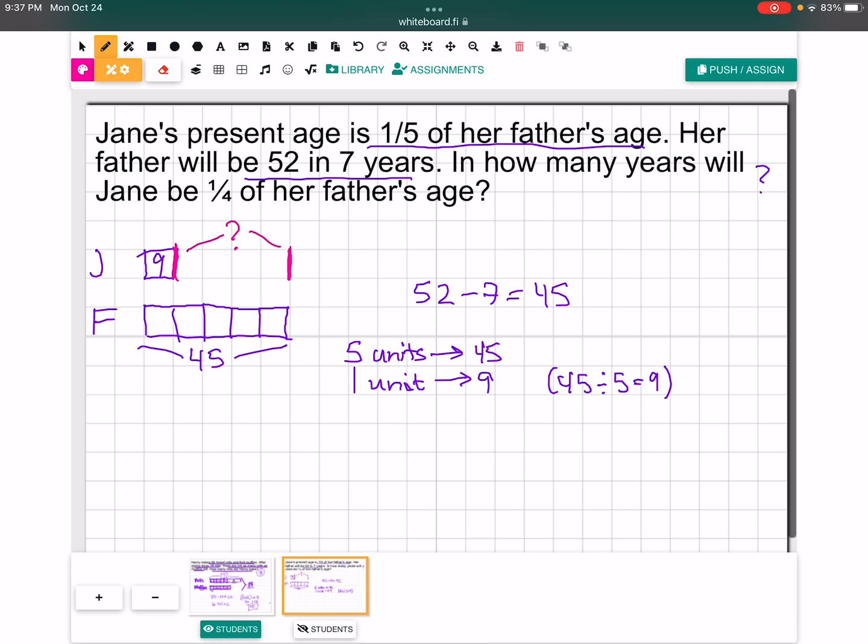And you should be nodding very hard yes right now, because if Jane's unit is 9, every single other one of these units is 9. And so the difference between Jane and her father is going to be 9 times 4, which is 36.